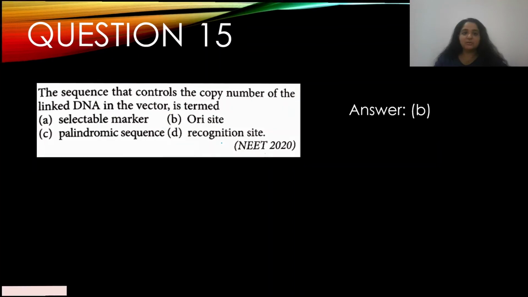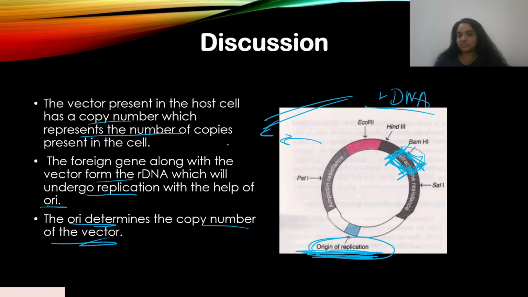The ORI sites are of different types, and they have different copy numbers that they can replicate the vector into. In that way, eventually, for the rDNA that we have formed, we can control the number of copies that are produced. All right, clear?